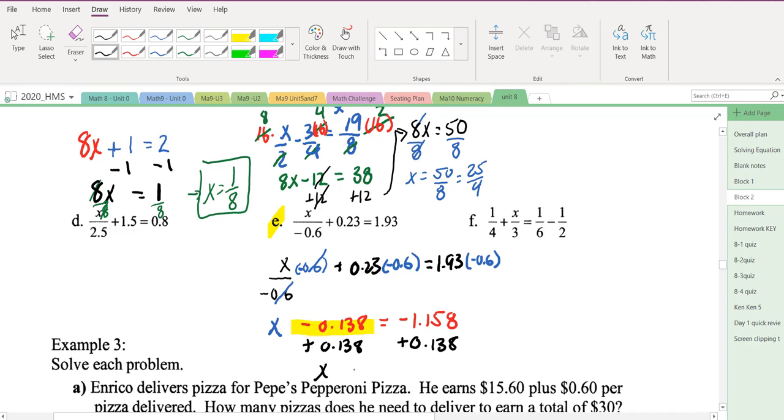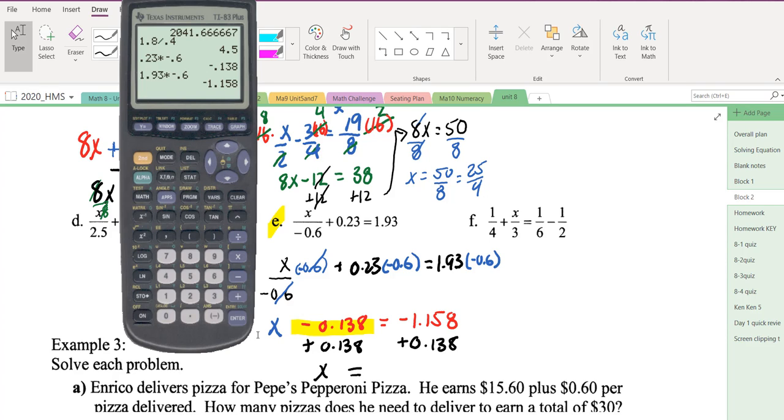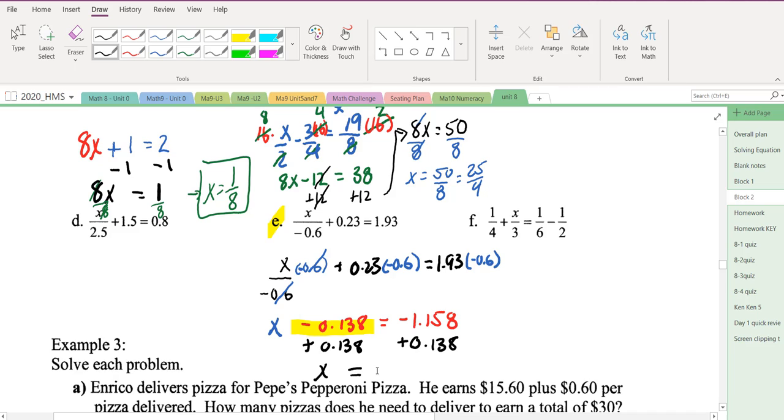So we're left with just the x. And then we just pull out our calculator. We go, okay, we had negative 1.158 plus 0.138. What does that equal? Negative 1.02. Okay.